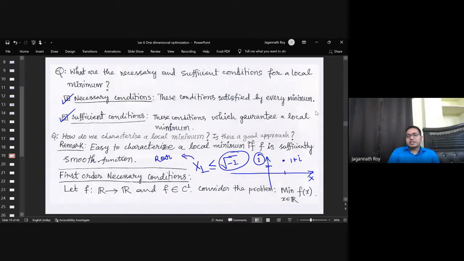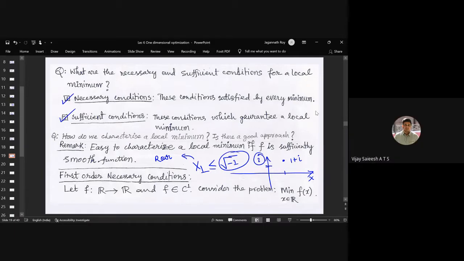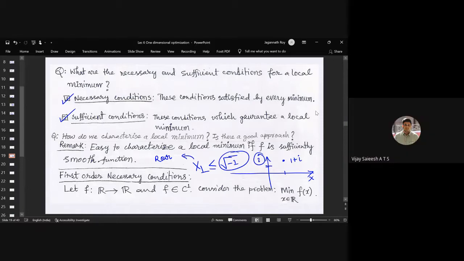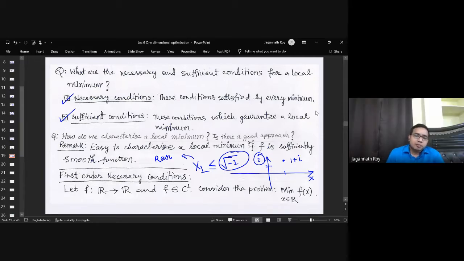So it will not indicate any kind of real situation. That is why, for optimization techniques, we mainly focus on the real variable case. But yes, of course, there are several applications of complex analysis.